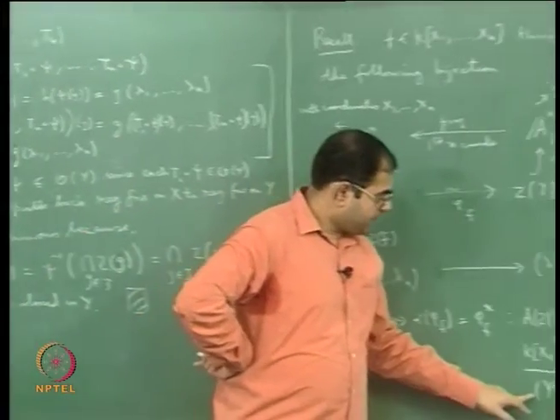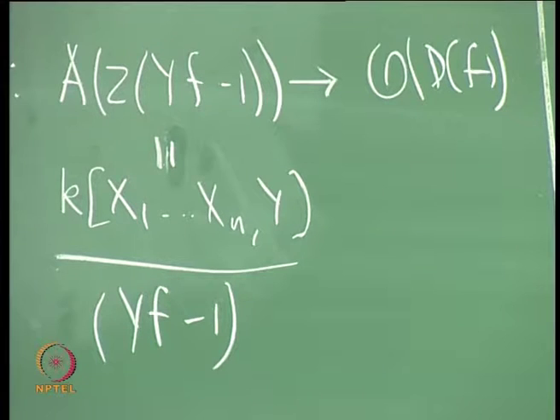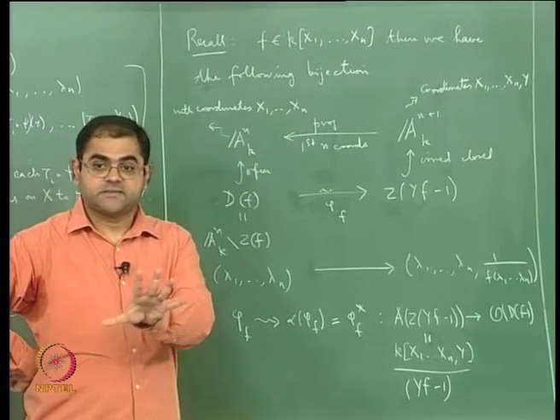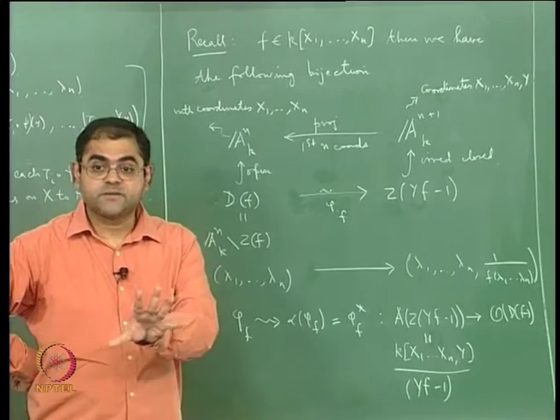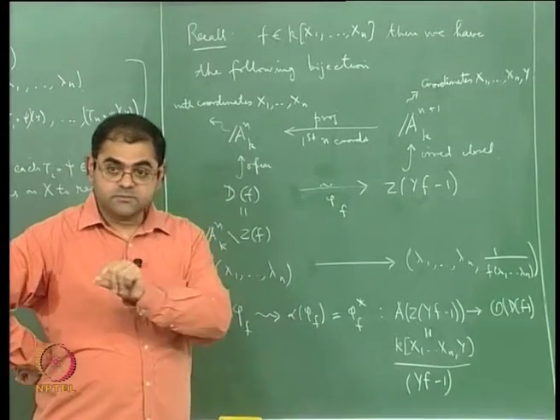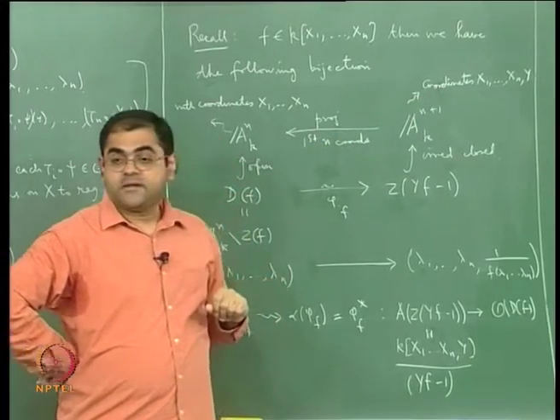So actually I should write here the radical of this ideal, okay, because if I take Z of J, then I will have to put I of Z of J, okay, but I of Z of J is rad J, so I will have to put radical of yf minus 1, but the radical of the ideal generated by yf minus 1 is the ideal generated by yf minus 1 because yf minus 1 is a prime ideal, and that is because yf minus 1 is an irreducible polynomial, okay, sitting inside this polynomial ring which is a UFD.